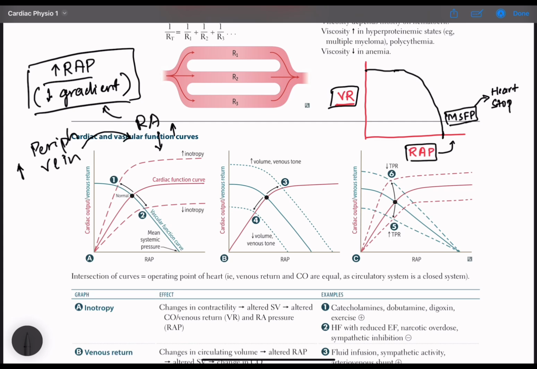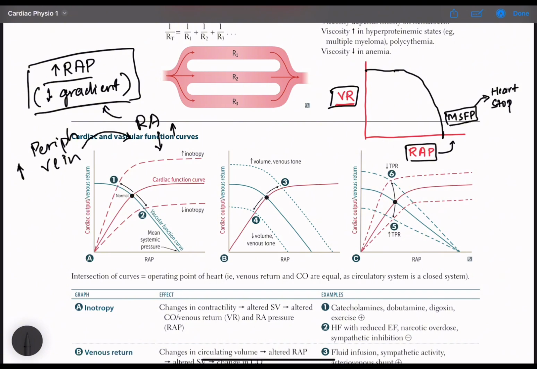Initially, we have a vascular or venous return curve and the Frank-Starling curve. But initially, cardiologists weren't sure which of the two curves depicts the real-time cardiac output or cardiac activity.